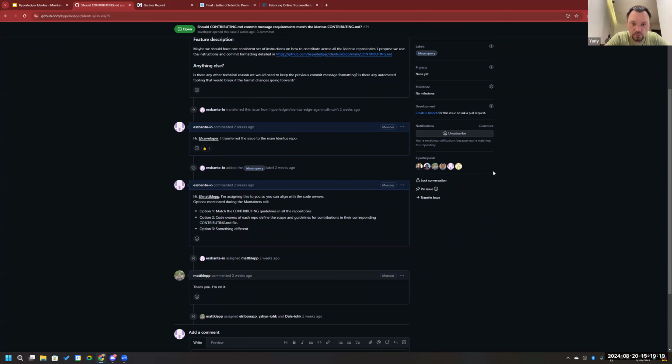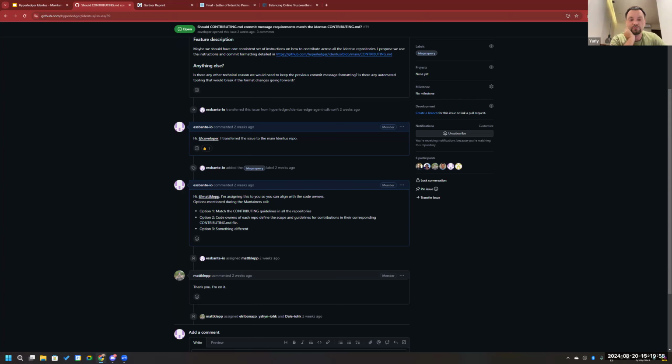Yep. So we moved the part of the rules for making commits to the contribution MD guide in the Identus repository. And it would be nice to receive feedback from the community. We are considering two options for distribution of this file: just copy and paste this contribution MD to other repositories and make it similar everywhere, or just make a reference from all other repositories to this main Identus contribution MD file.